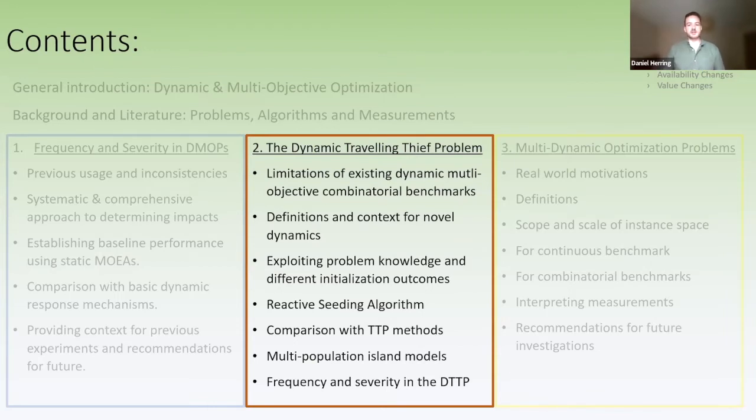A comparison to heuristics adapted from the static traveling thief problem, a consideration of multi-population models, and an evaluation of the frequency and severity impacts is also introduced. Firstly, however, I'll begin with an introduction of the existing non-dynamic traveling thief problem.